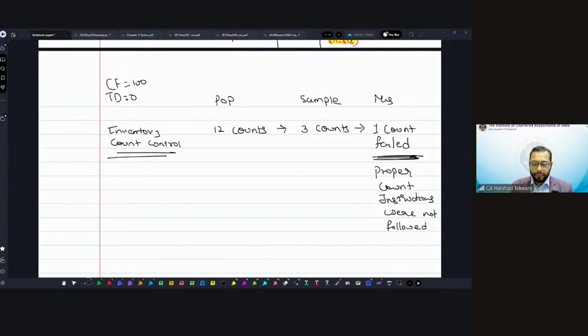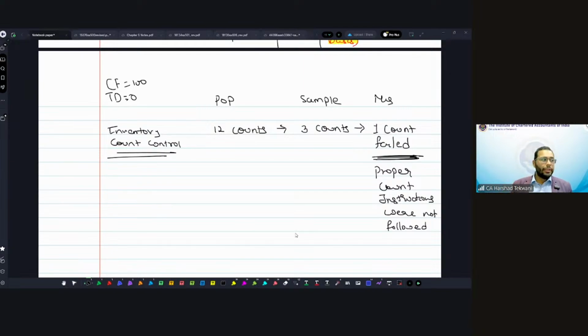Sir, the outcome of the control is only one. We cannot project based on this one. It is a missed count. This is only one. Which part is the mistake? Then we have to go and modify and fix the problem.